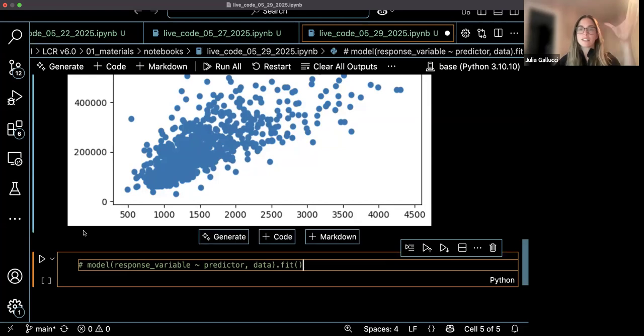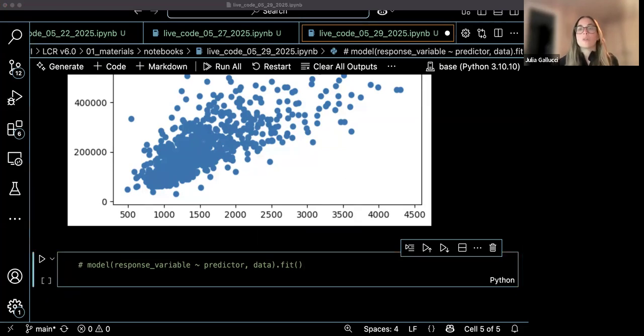That's basically the syntax. Another thing I want to highlight is that this particular package uses ordinary least squares, or OLS, for linear regression. OLS is a method for finding the best fitting line in your data points. Imagine you have a scatter plot with all the data points and you want to draw the line that best captures the overall trend.